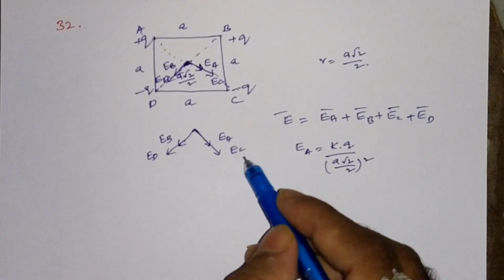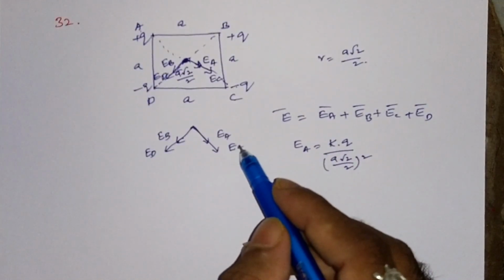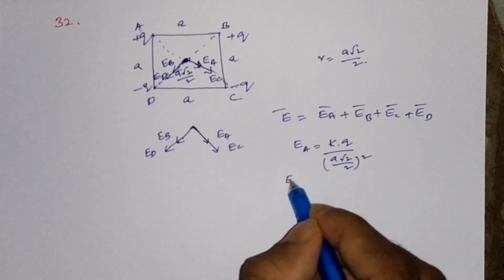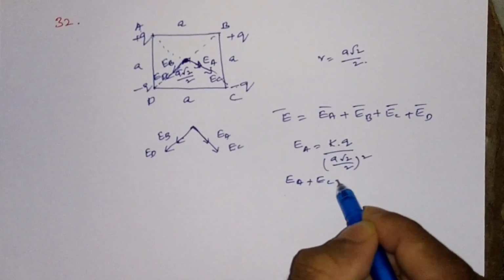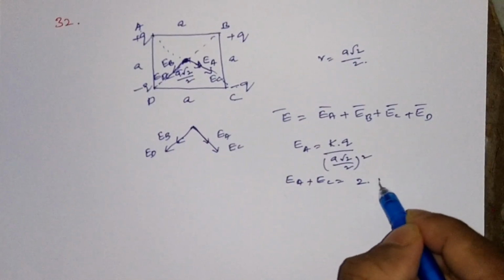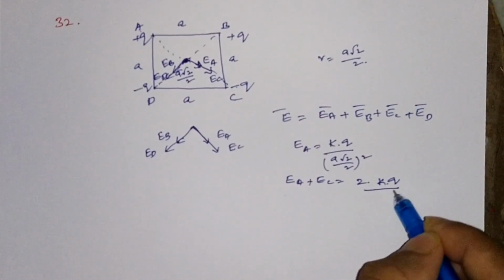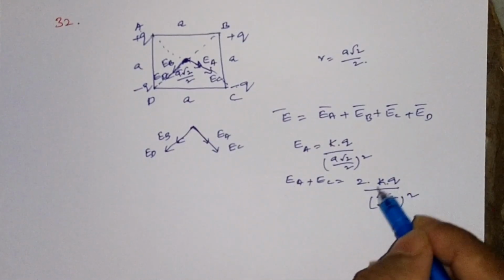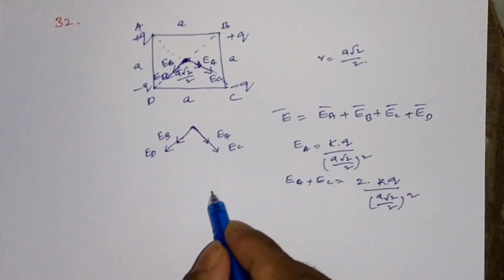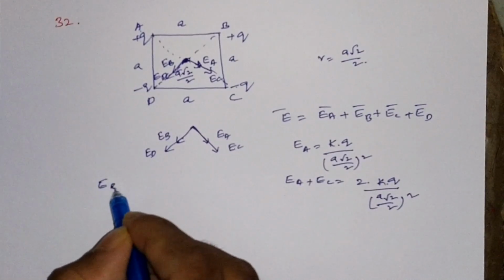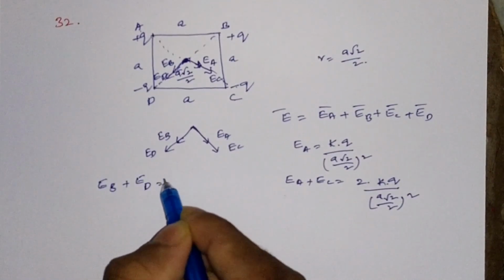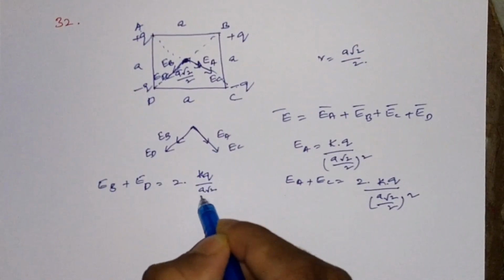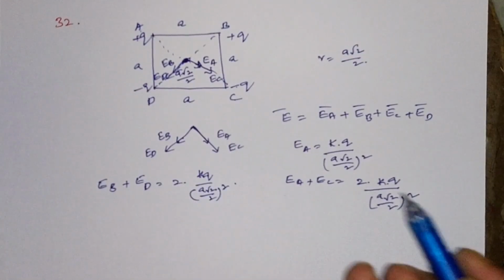First, EA and EC are in the same direction, so EA plus EC is 2 into K into Q by A root 2 by 2 whole square. Similarly EB plus ED is 2 into KQ by A root 2 by 2 whole square.